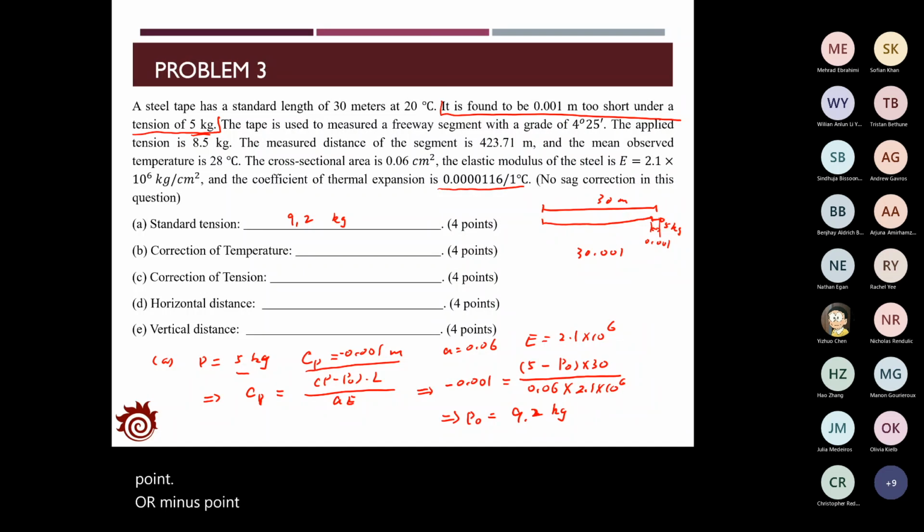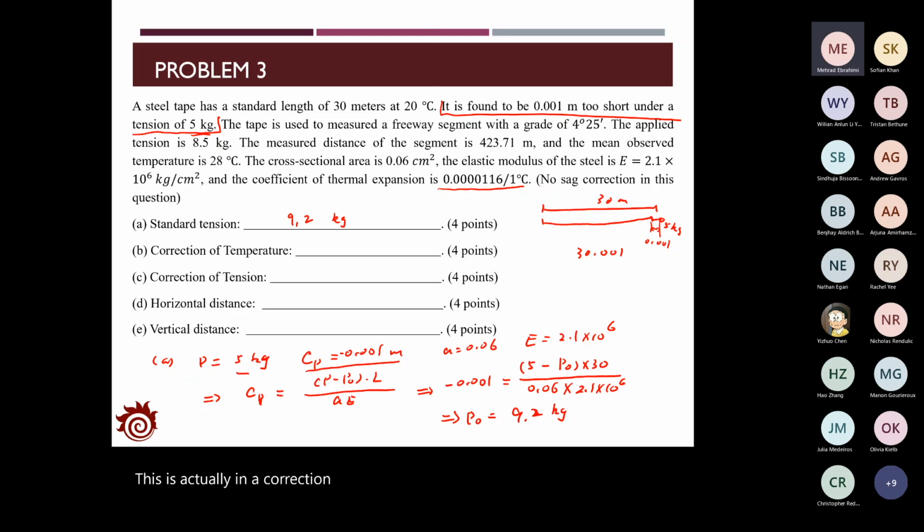0.001 meters. And yes, so my question is, when it says it's too short, I would assume that means that the tension that we applied would be greater than the normal tension. This is actually the correction process.